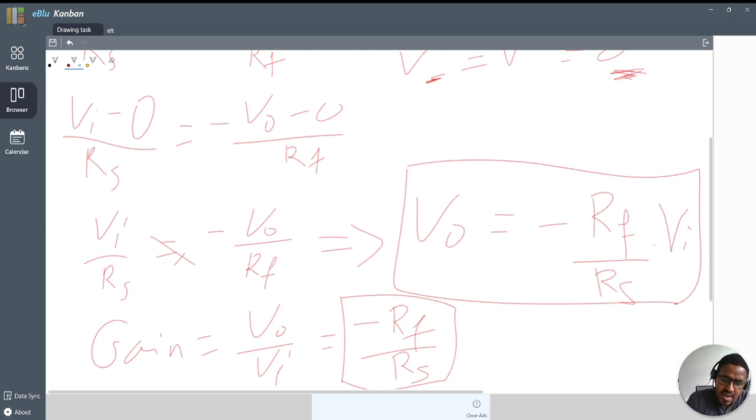So what does negative feedback mean? Negative feedback can control our output by minus Rf over Rs; that is the inverting op-amp. So our gain for the inverting amplifier is minus Rf over Rs. This is our gain.